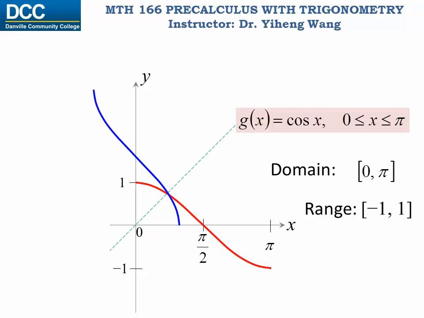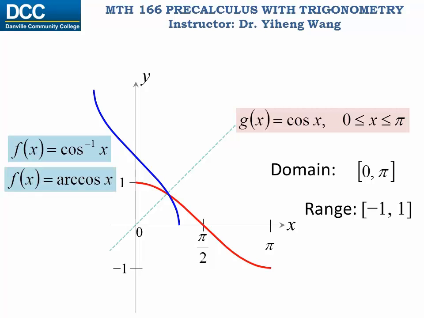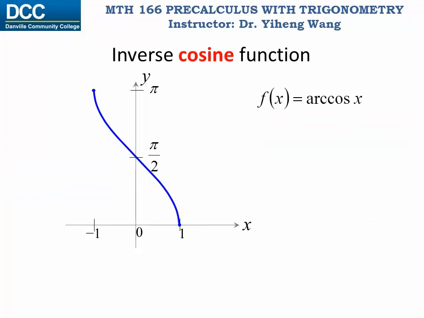And this curve represents the graph of f(x) equals cosine inverse x, or f(x) equals arc cosine x. Again, this is the graph for the inverse cosine function. It has the domain from -1 to +1, including both ends, which is the range for the original function.